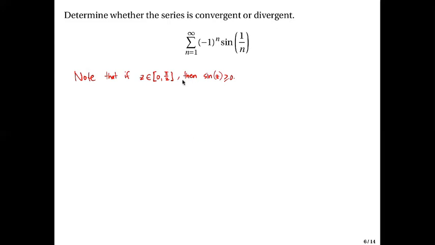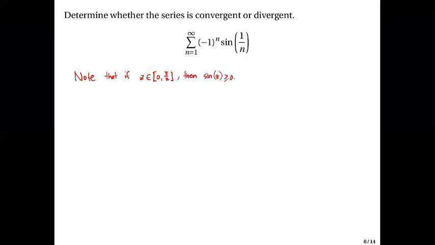But pi over 2, it's what? It's approximately equal to 3.1415 divided by 2, correct? So pi over 2 is greater than 1.